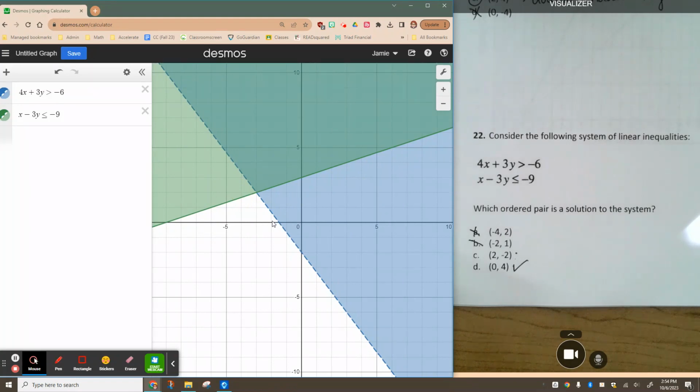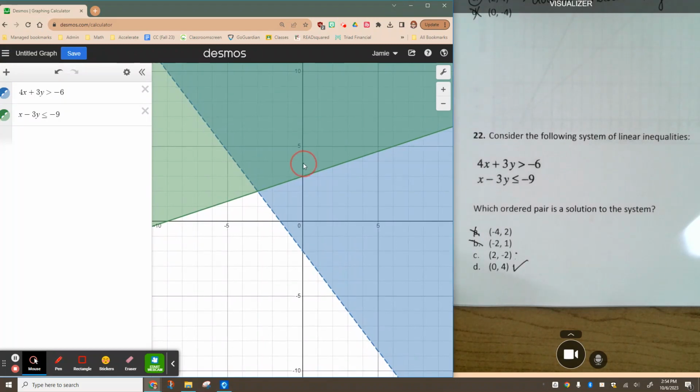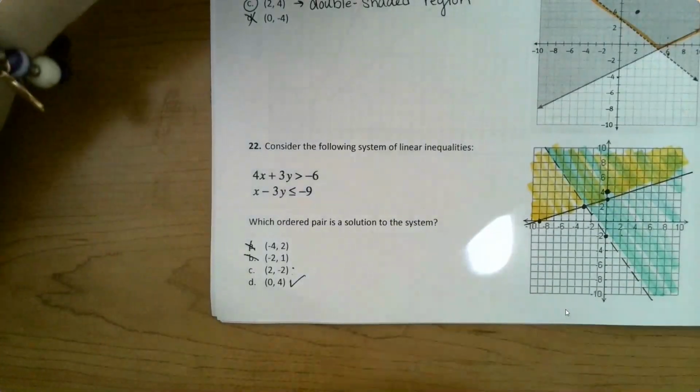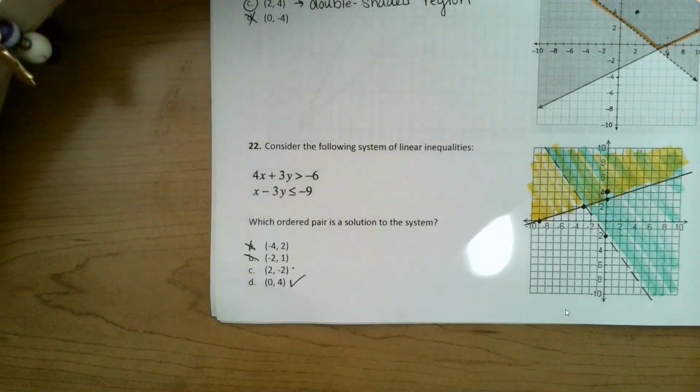Negative 2, 1 would be a solution to blue, not the green. 2, negative 2 would be here. It's a solution to the blue, not the green. And 0, 4 is up here in the double shaded area. So that would be our solution. All right, so our answer is D.